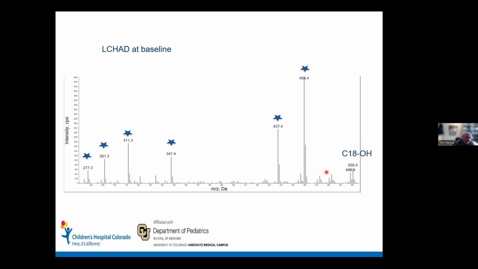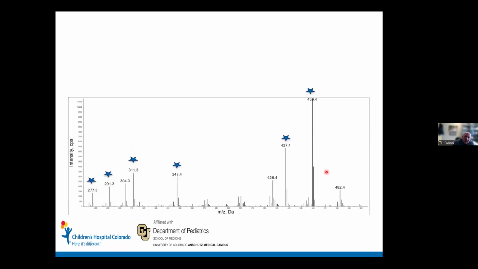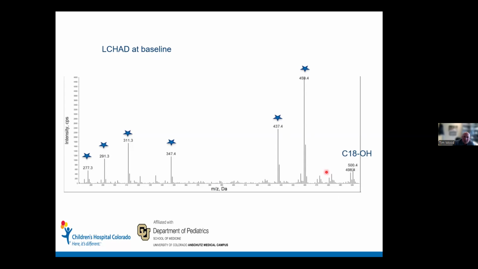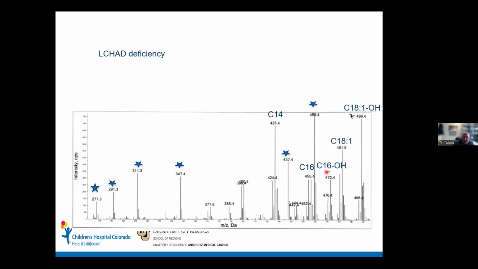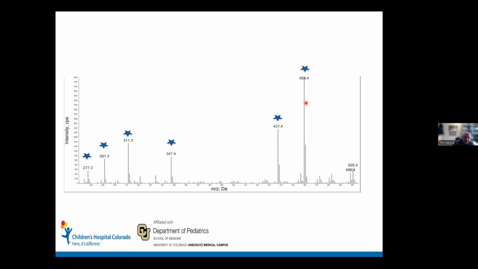With MCAD and some of the shorter chain defects, in my opinion, you don't have these sort of false negatives that you could have with some of the long chain defects. But this was very striking to me when I had them run this, and how you went from all of these ions here in the background, all those accumulations, to this.